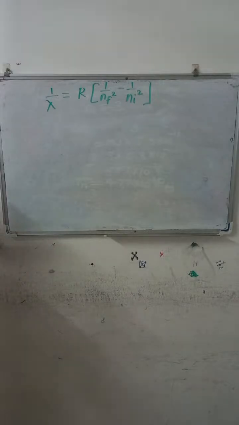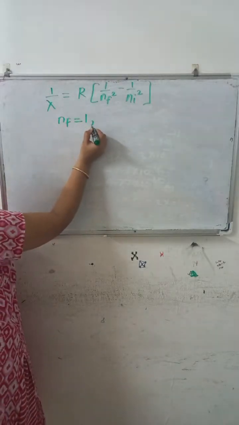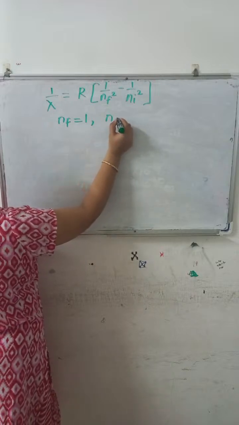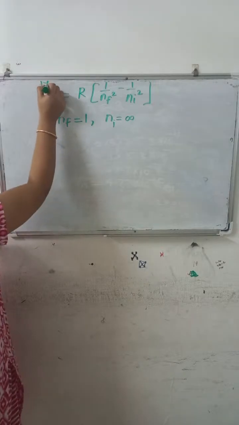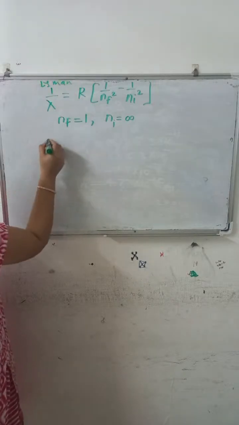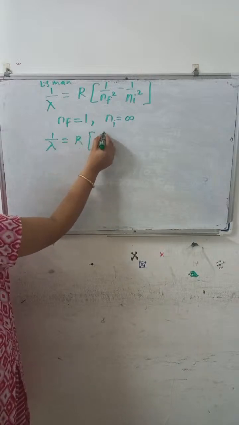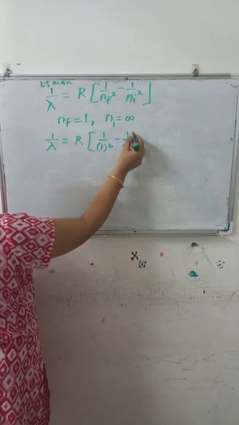For the Lyman series Nf is 1, and since they are saying short wavelength, we take Ni as infinity. So for Lyman we can write 1 upon lambda is R inside the bracket 1 upon 1 square minus 1 upon infinity, that is 0.